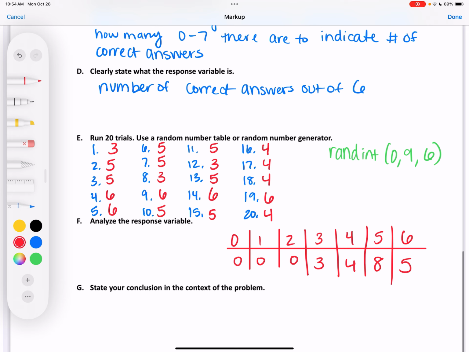Then add up all the numbers of how many questions she got right and divide by 20 to see on average how many she got right.